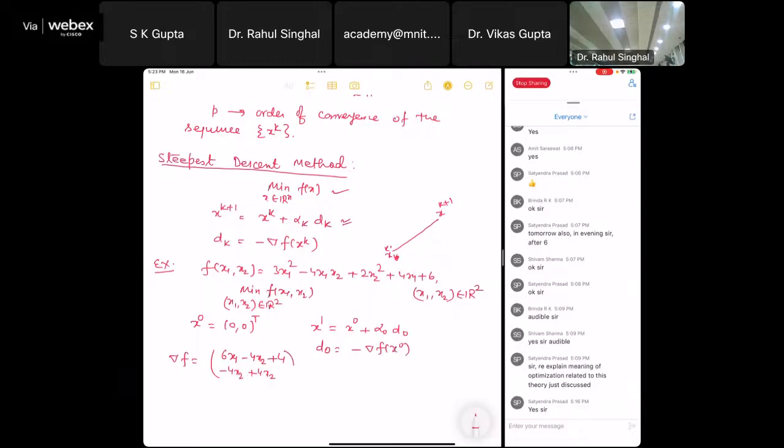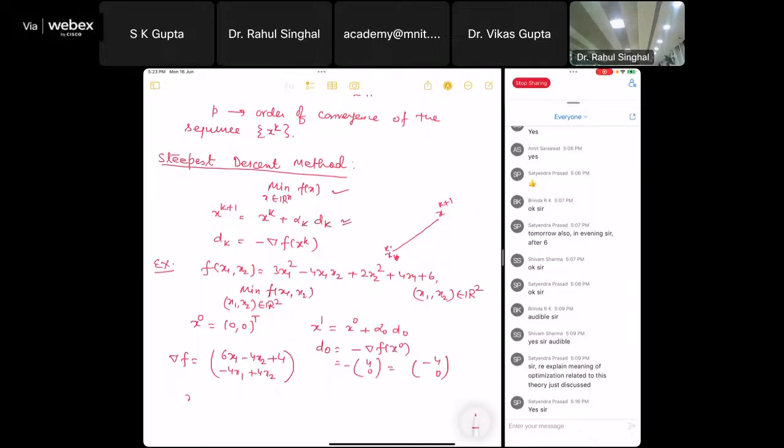Sorry, with respect to x2 we are calculating, so it is minus 4x1 plus 4x2, right? So what is it at 0 0? This is 4 0, right? So the negative of this is minus 4 comma 0.